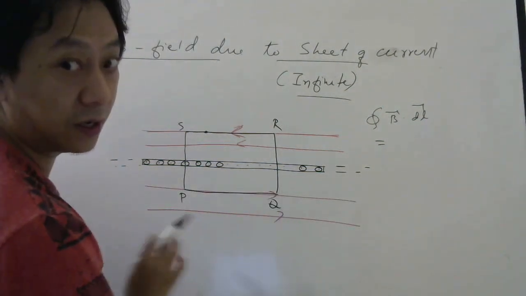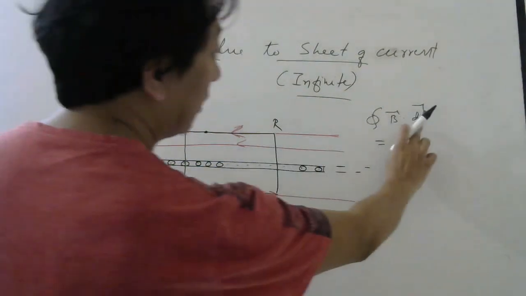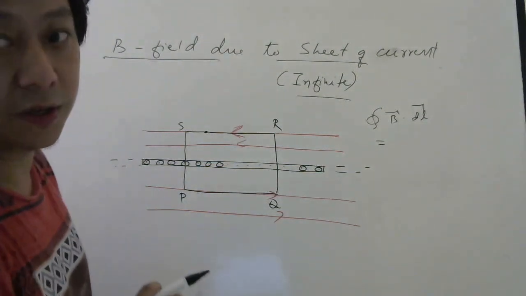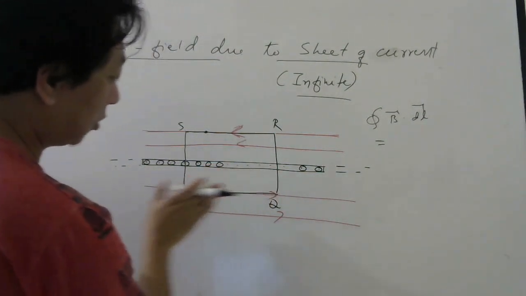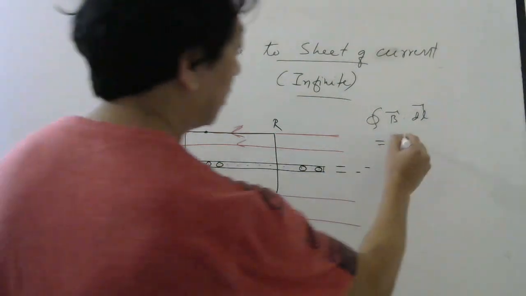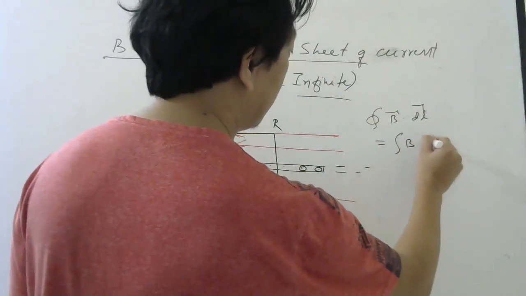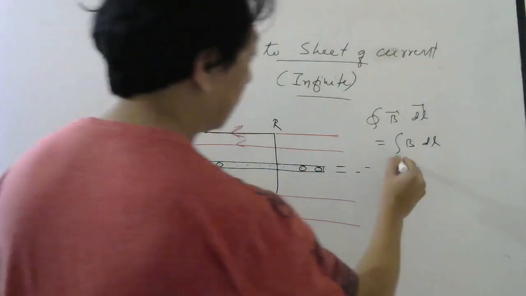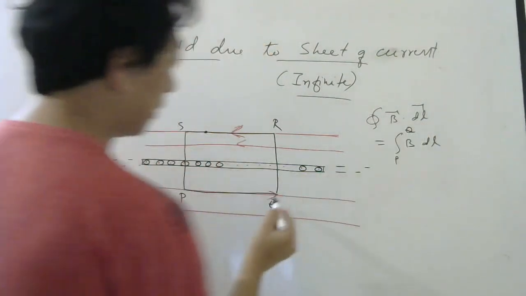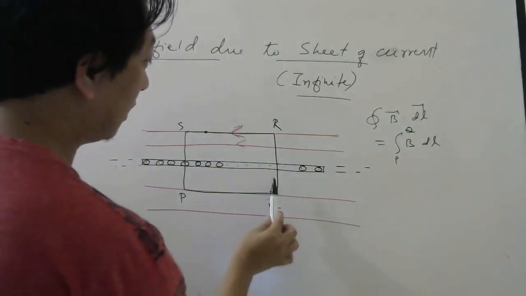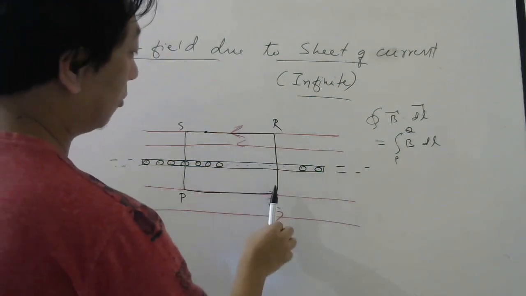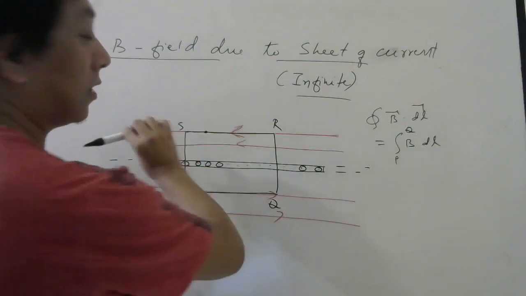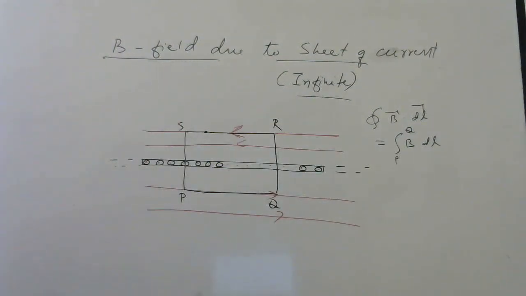This is the red color, the magnetic field is this way. dl in Ampere's circuital law is always along the loop. So dl is here and the magnetic field is also here, so it will give me B dl from P to Q. And here it will be 0 because my dl is this side and the magnetic field is here. For this part too, I'm going this side and the magnetic field is here, so the perpendicular dot product will be 0.